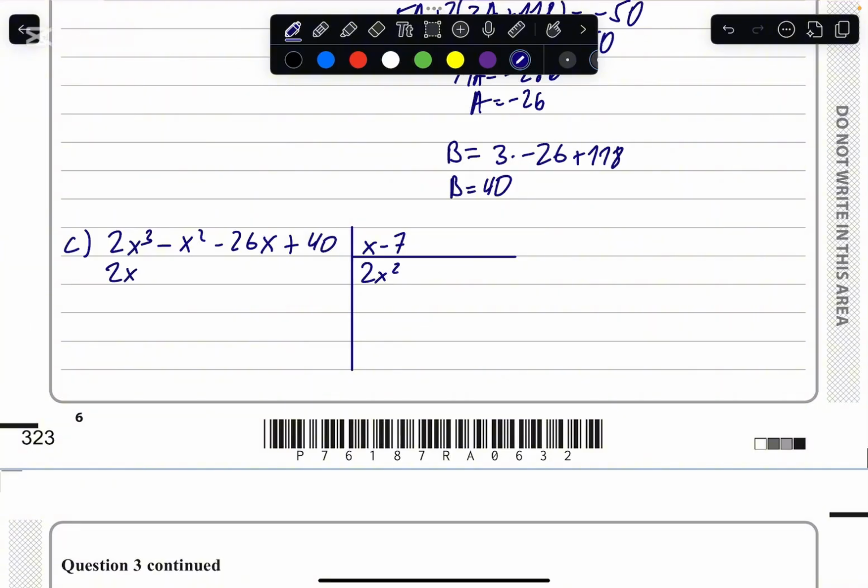That gives us 2x cubed minus 14x squared. Minus that, we get 13x minus 26x. That goes 13x inside, minus 13x squared. Minus 91x.